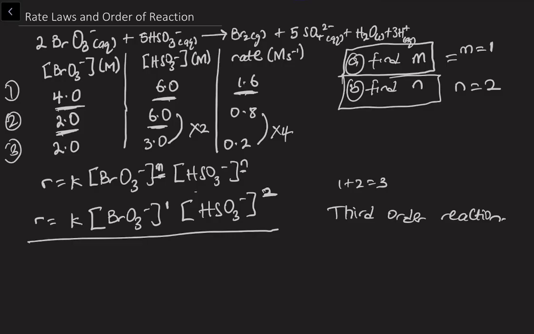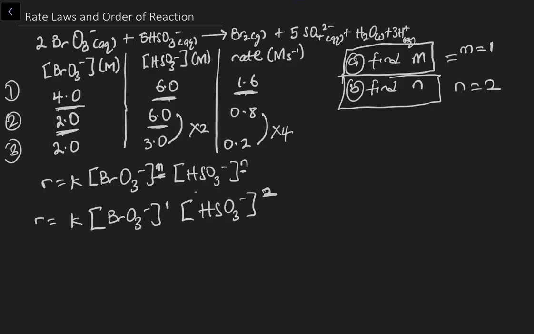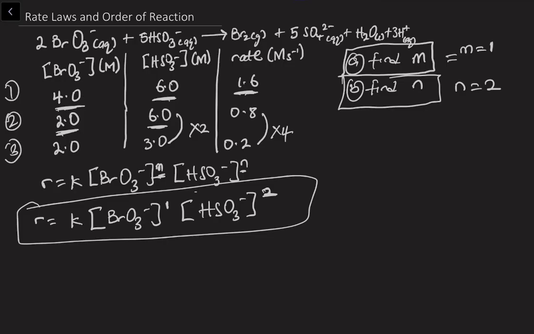Now we are asked to find K also. So now that we have the rate order, we can simply take this equation and plug in one of the experimental values here. We can use condition 1, right? So you have 4 molar concentration, 6 molar concentration, and 1.6 rate of reaction.